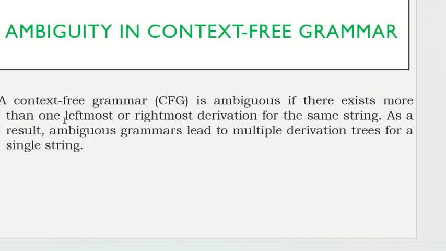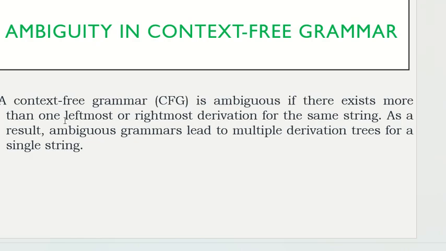A context-free grammar is ambiguous if there exists more than one leftmost or rightmost derivation for the same string. As a result, ambiguous grammars lead to multiple derivation trees for a single string. Means a grammar is ambiguous when a single string can have more than one parse tree or more than one derivation.